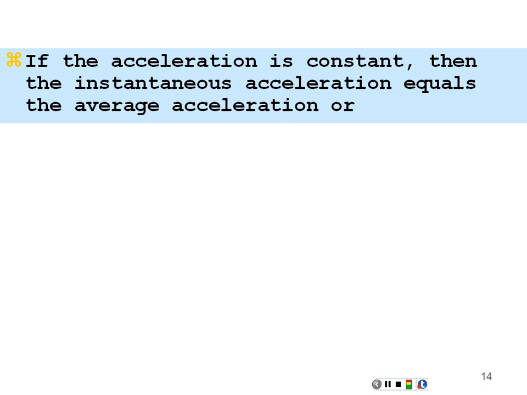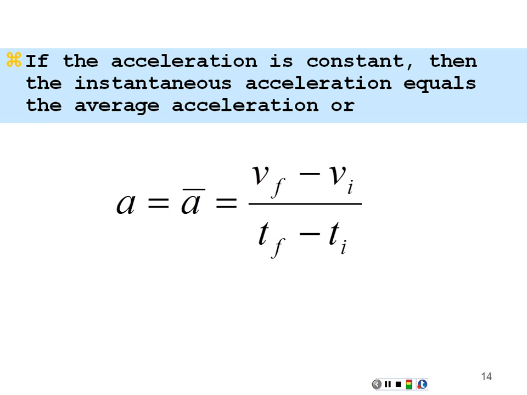If the acceleration is constant, then the instantaneous acceleration will equal our average acceleration, which will be our final velocity minus our initial velocity over the interval of time. For the purposes of this course, we're only going to deal with constant acceleration.